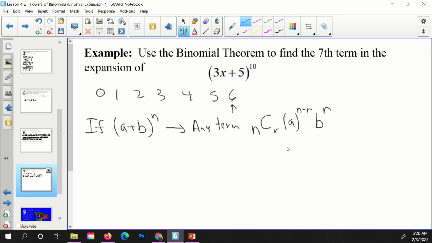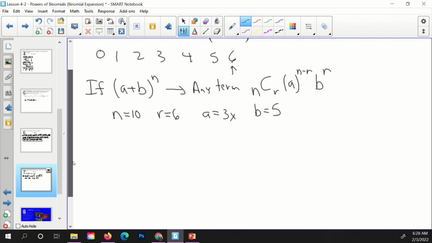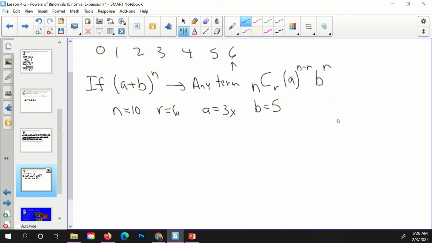So for the 7th term, I have an exponent of 10, so n is equal to 10. My r, since it's the 7th term, will be 6. And a is going to be 3x and b is going to be 5. So I can just plug that in for a given term.